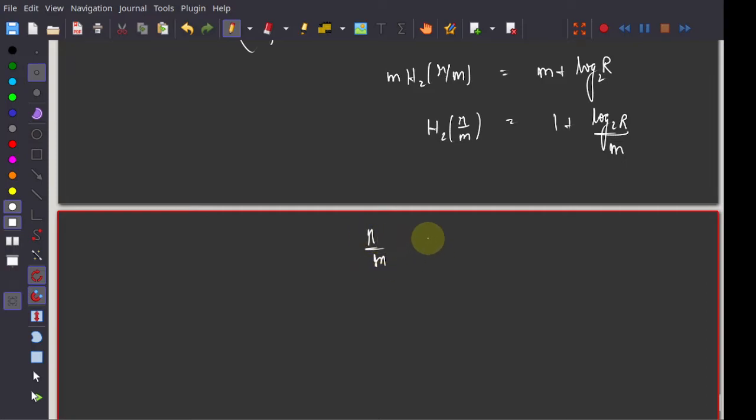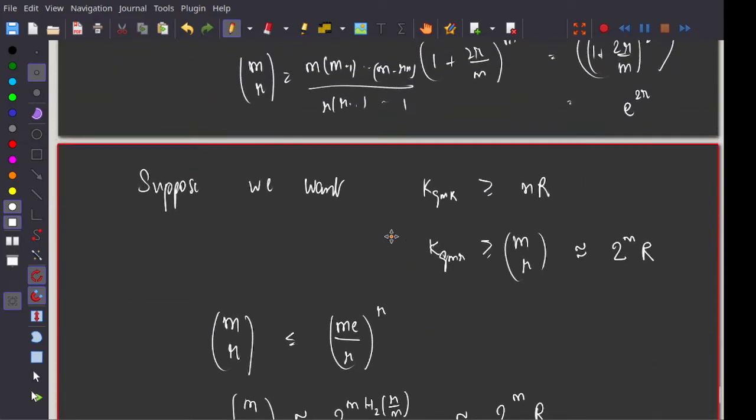So r by m is going to be very close to half, equal to some half minus some delta, where this delta is something tending to 0 at a certain rate.